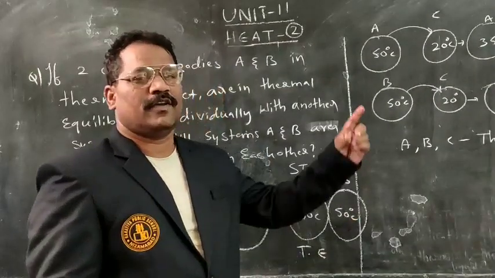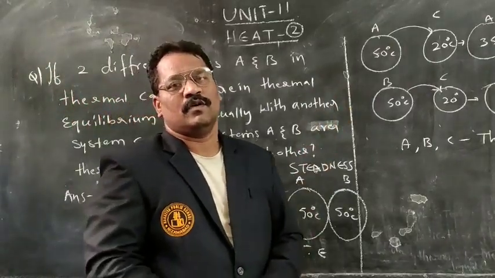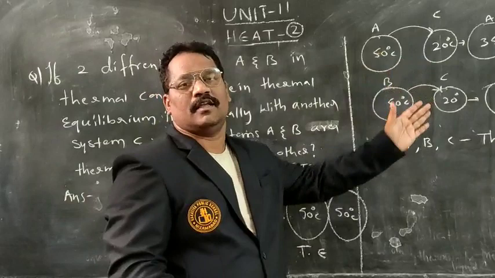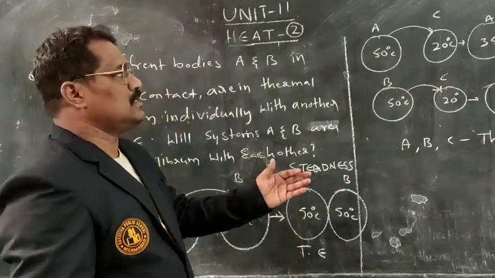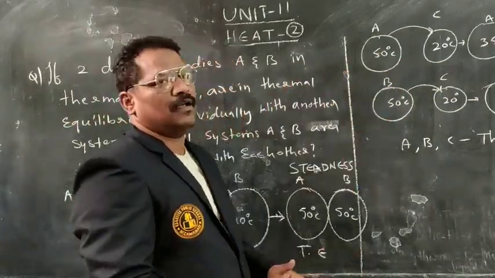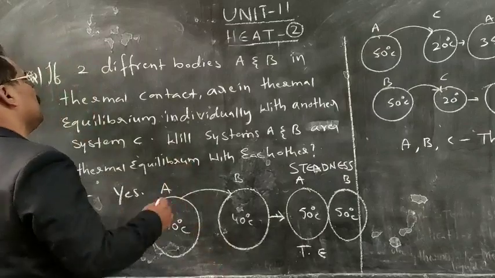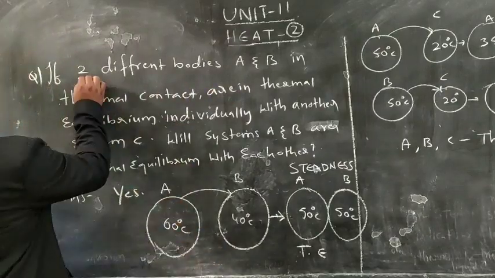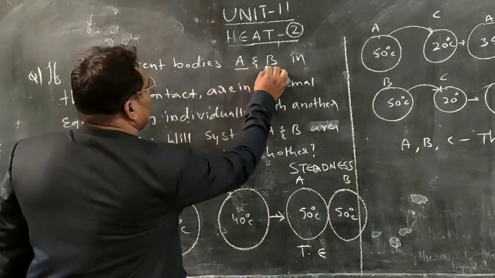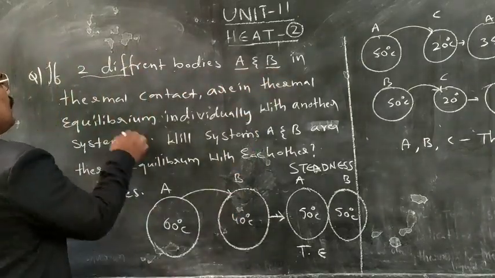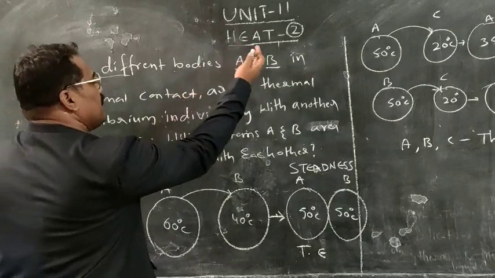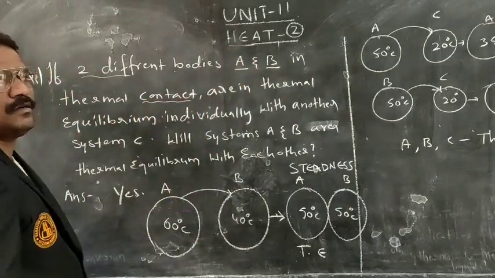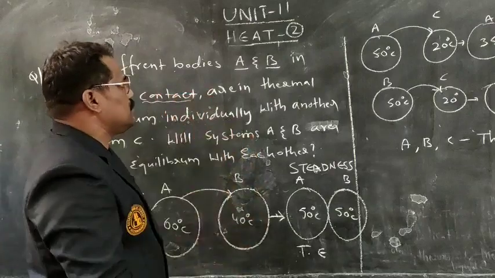Okay children, just now we have completed activity 2 and studied clearly how thermal equilibrium is attained. Next, after completion of the topic, we had a question in our textbook. What is that question? If two different bodies, take them as A and B, of different temperatures are in thermal contact with each other, what happens?